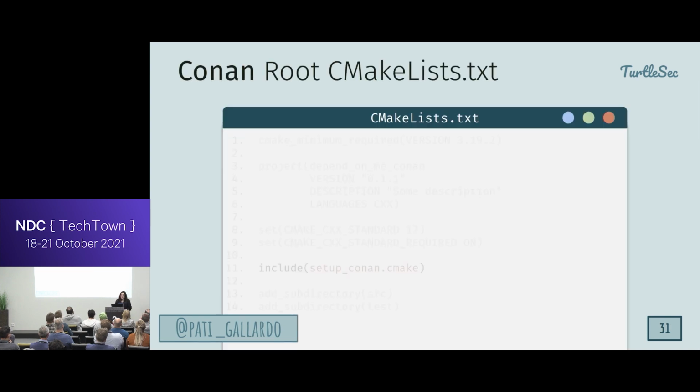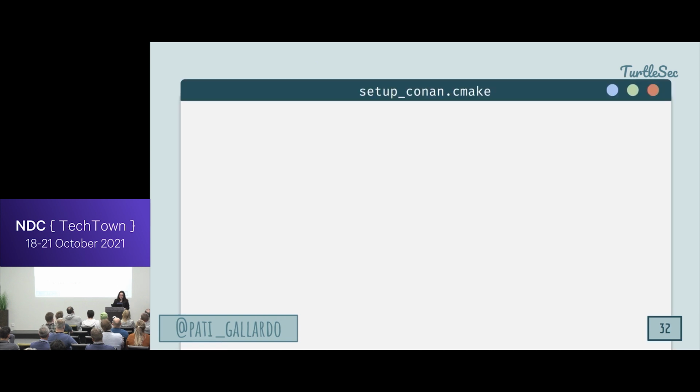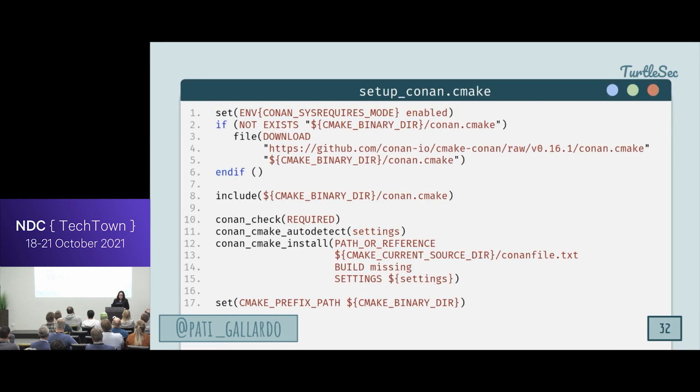If we look at the root CMake, it's pretty much the same as before. I gray out the parts that fit into the pattern. What I'm going to do here is use this technique where I put the setup of whatever package manager I have into its own CMake file. So that's what I do here.